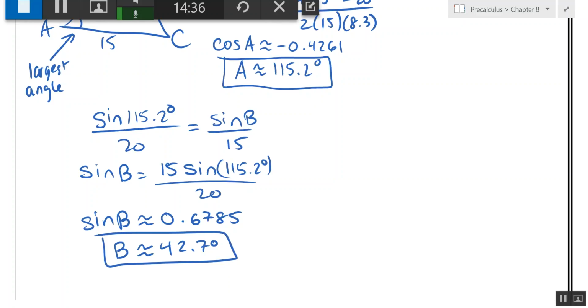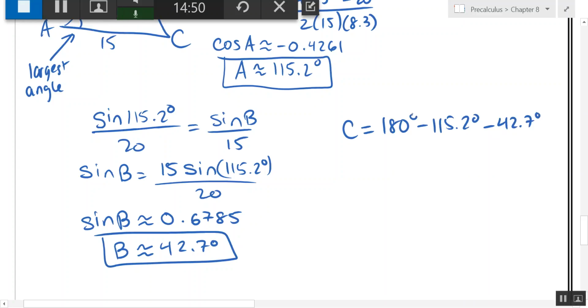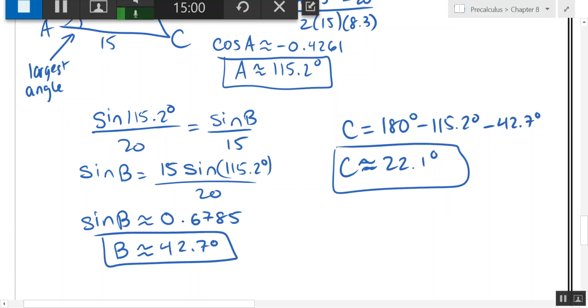The interior angles must add up to be 180 degrees. So we can say that angle C is equal to 180 minus 115.2 degrees minus 42.7 degrees. And that gives us angle C is approximately equal to 22.1 degrees. And we've solved this triangle.